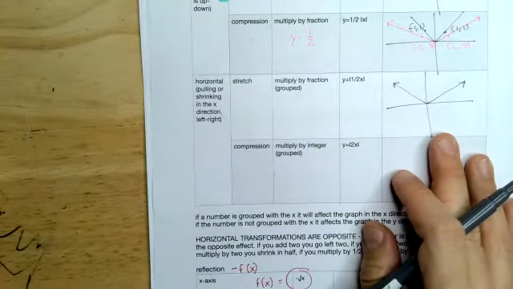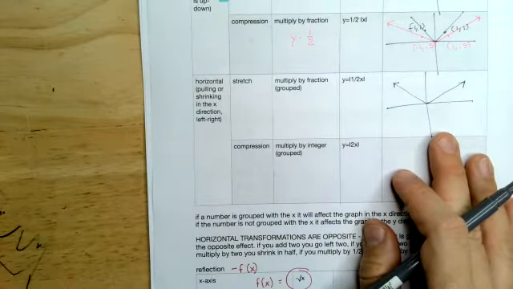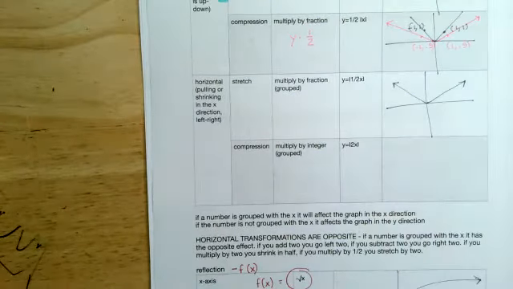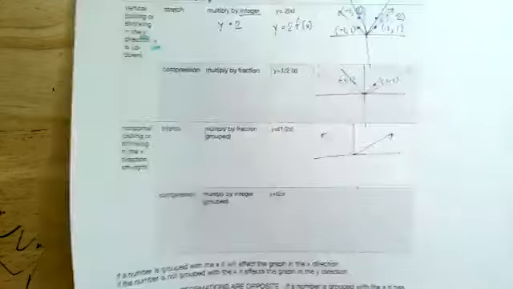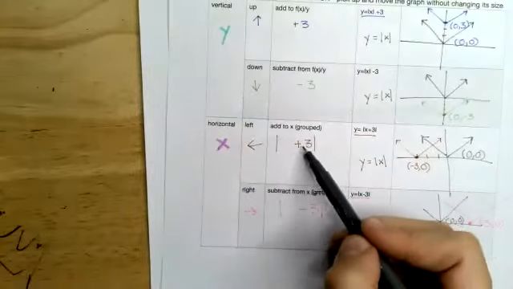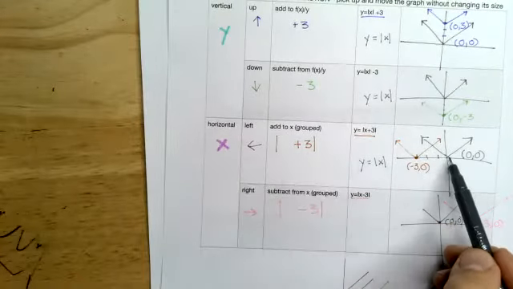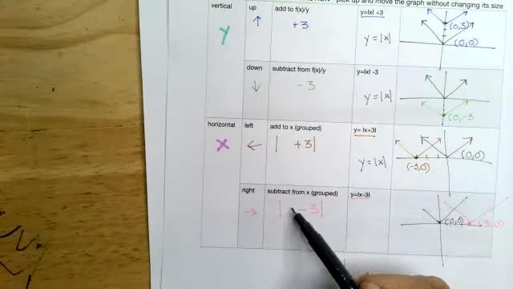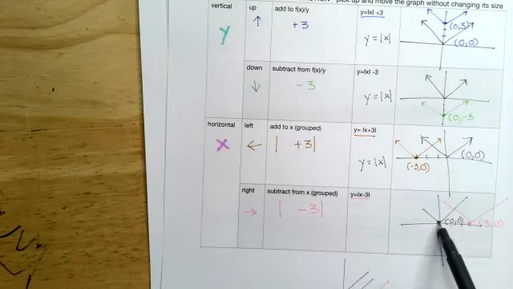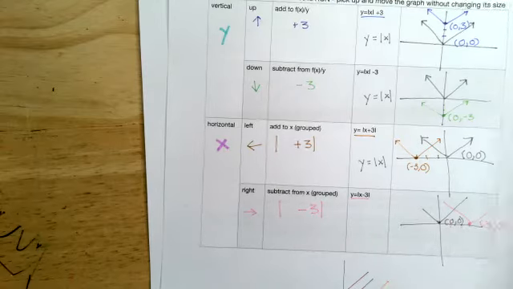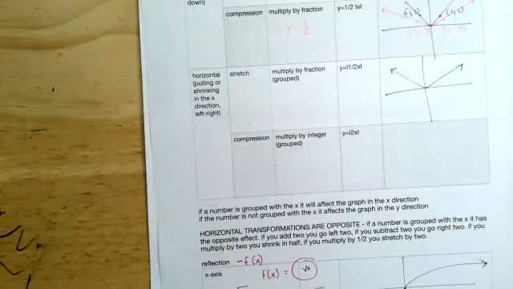Remember, just like it was counterintuitive over here, +3 inside the grouping symbol moved us on the -3 on the x. -3 within the grouping symbol moved us to the positive 3 on the x. Here, multiplying by a fraction is actually going to stretch us out on the x.